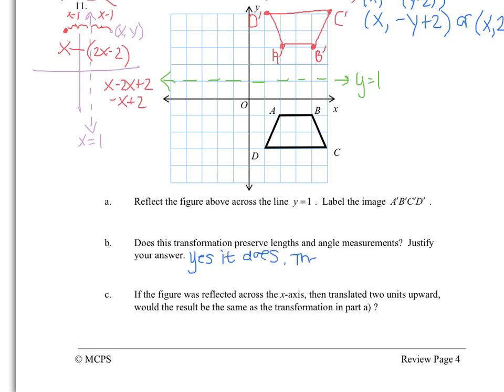So the transformation is a reflection. That's what we did. We reflected it across the line y equals 1. And a reflection is a rigid transformation.